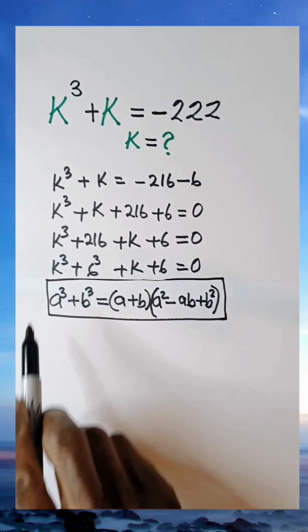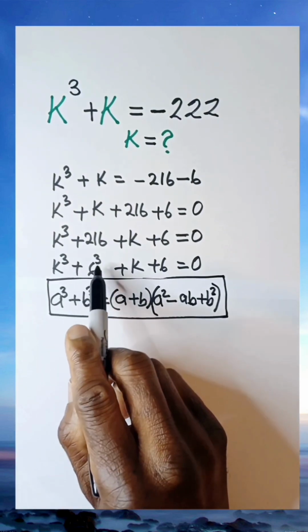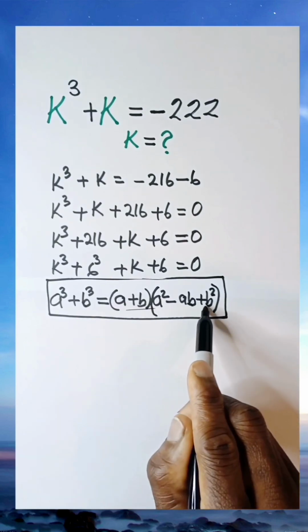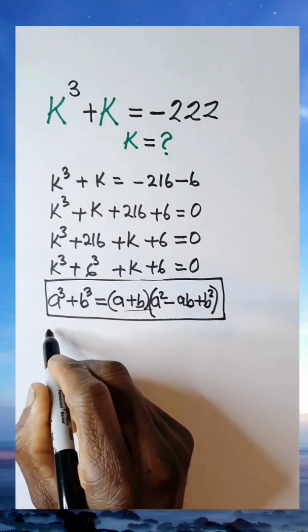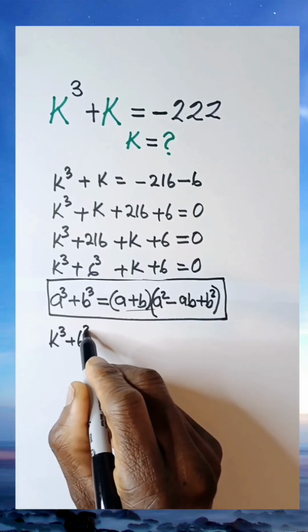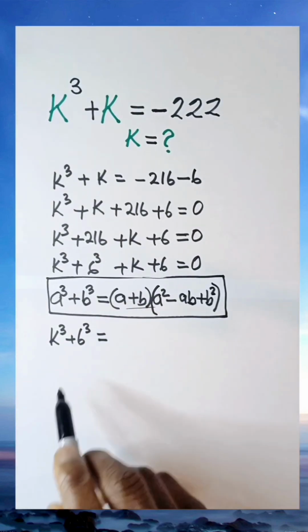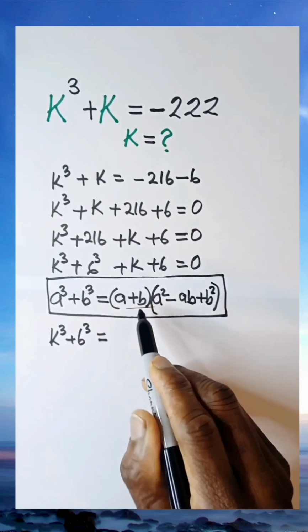In our given equation, we are going to represent k raised to the power of 3 plus 6 raised to the power of 3 in this format. So we will have k cubed plus 6 cubed is equal to, k is represented by a, while 6 is represented by b.